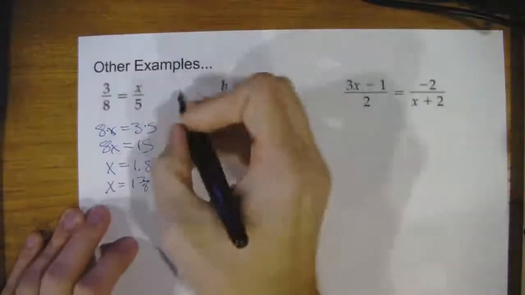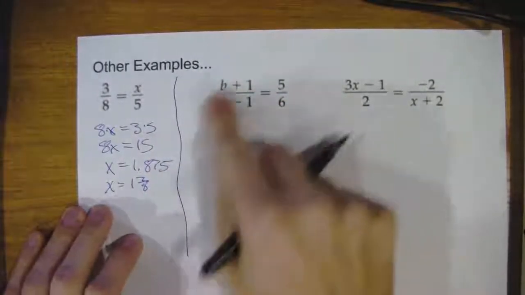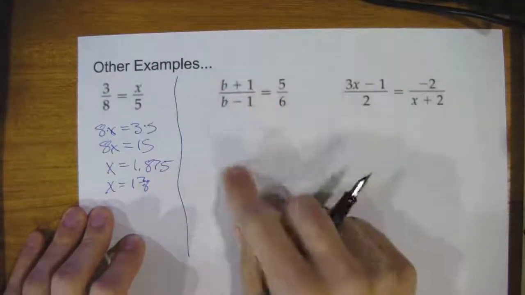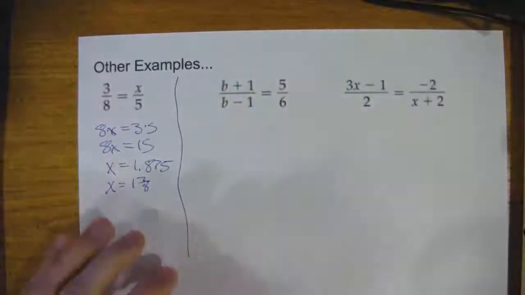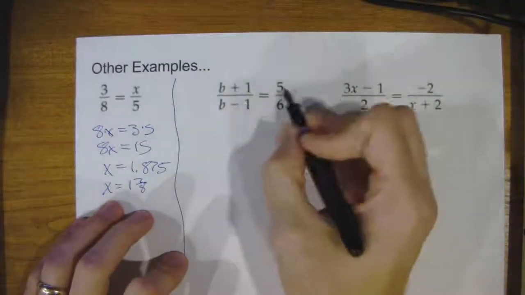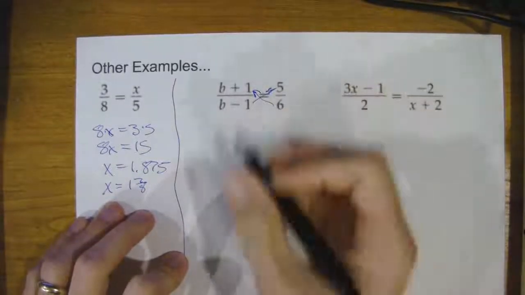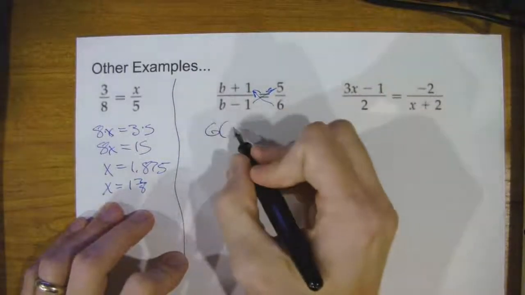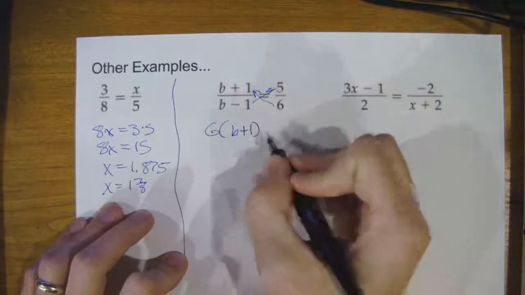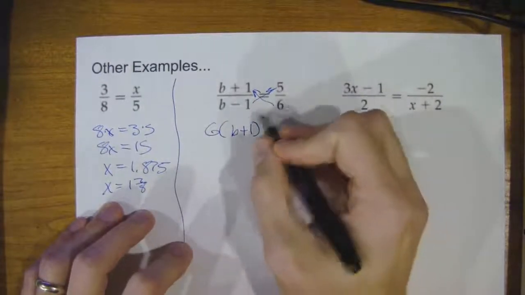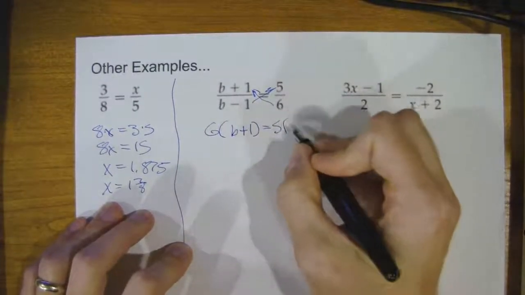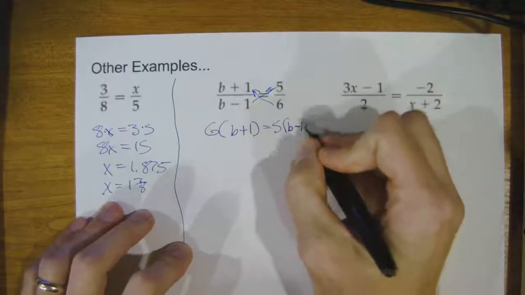All right, let's try another one. This time we've got more of an algebraic setup here, multiple variables as opposed to just the one. So let's work through it. Again, we'll multiply cross, so here and here. Let's write it out. So I've got 6(b + 1) = 5(b - 1).